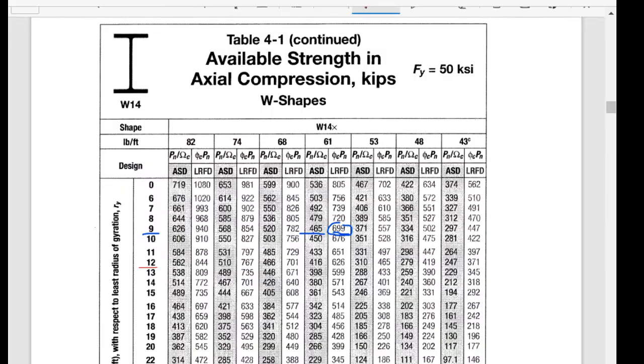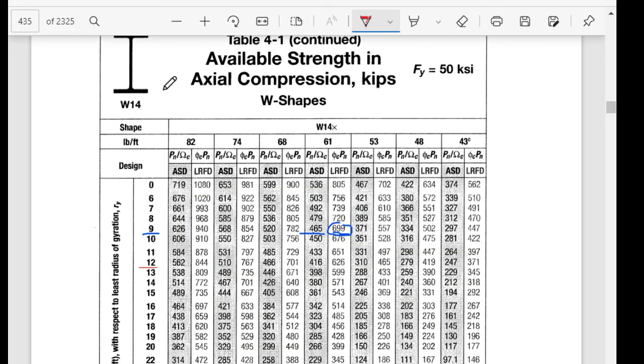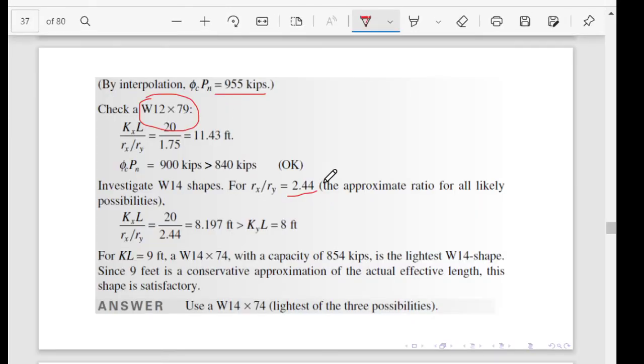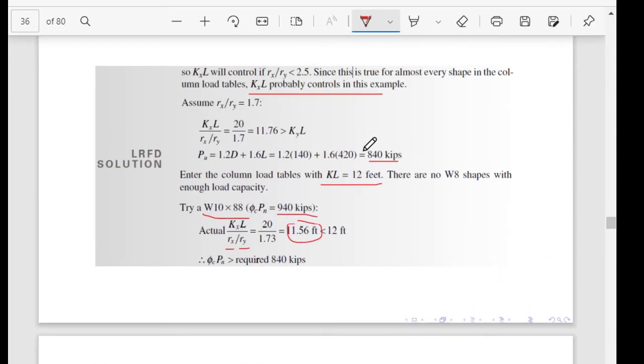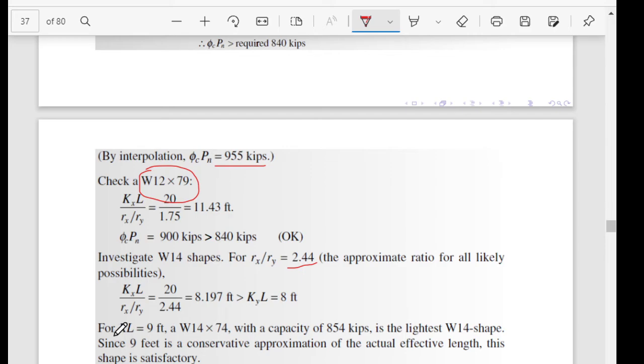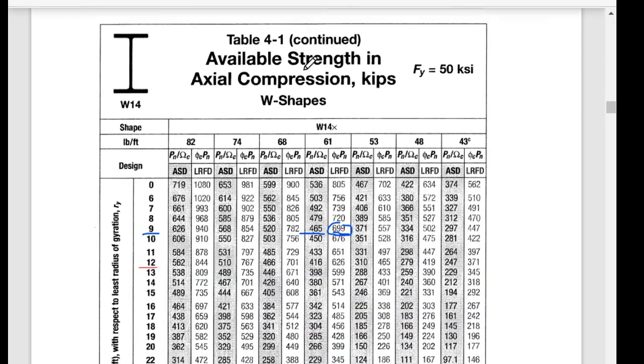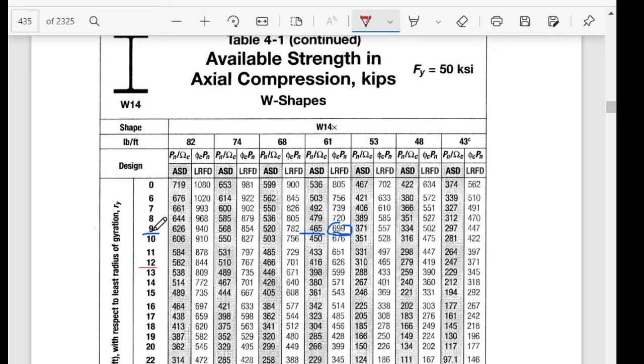Then in the table, at KL equal to 9 feet, the capacity should be greater than the factored load of 840 kilopounds. So using KL equal to 9 feet, W14, this 74 with a value of 854 kilopounds is the shape.